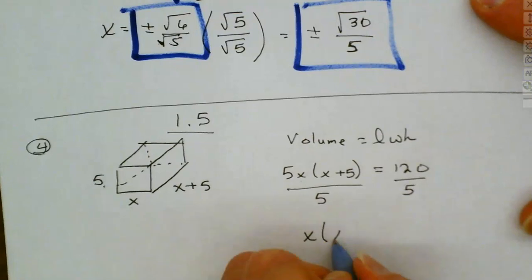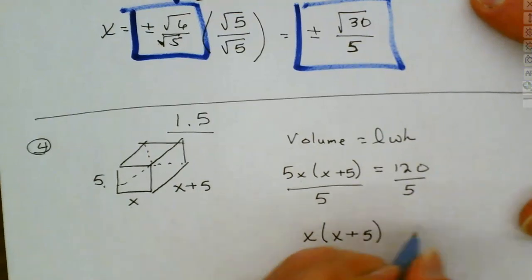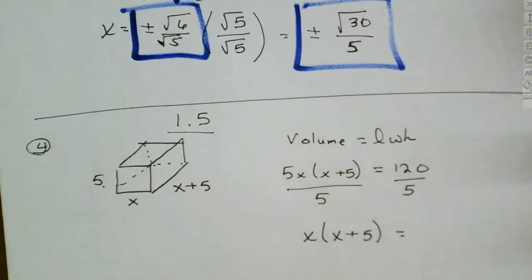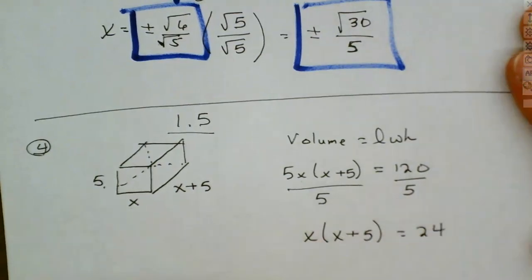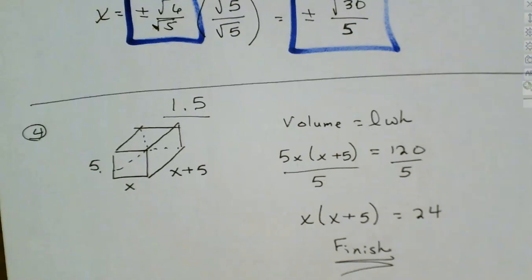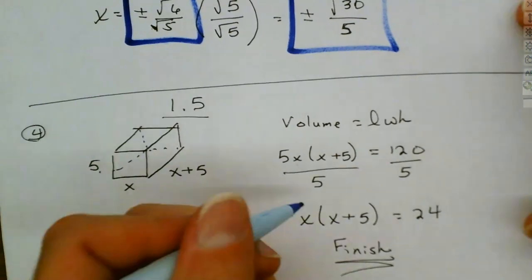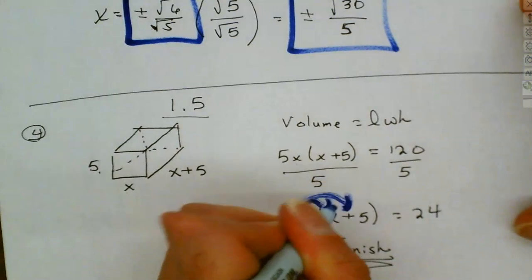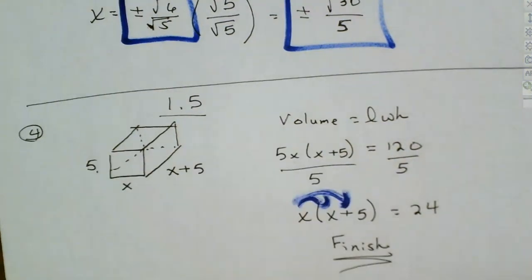And that's going to save you a bit of time here. It's going to make it an easier question to deal with because the numbers are smaller. Anytime you get the number smaller, that's going to make it helpful. So we'll take that 120, we'll divide it by 5, and that's going to now give you a 24. And you can finish it from here. How would you finish it? Yep, you would distribute that x through.